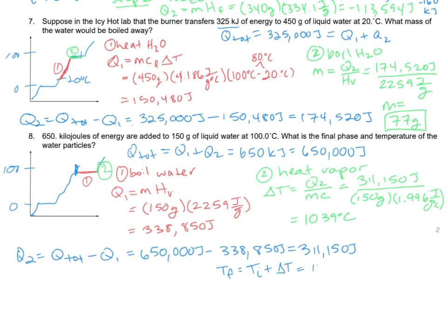In other words, it's equal to the 100 degrees plus 1,039 degrees Celsius. And so when we add those together, we only are going to have 2 sig figs in our final answer because of the 150 grams, which only has 2 sig figs. So although that would be 1,139, we're going to round it to 2 sig figs. So with 2 sig figs, our final answer is 1,100 degrees Celsius.